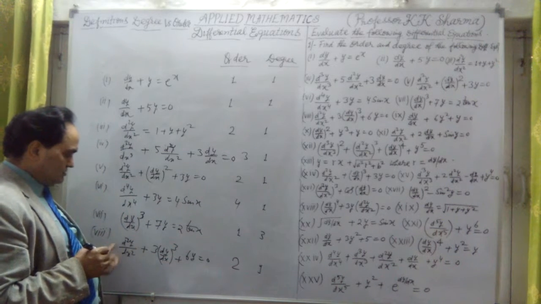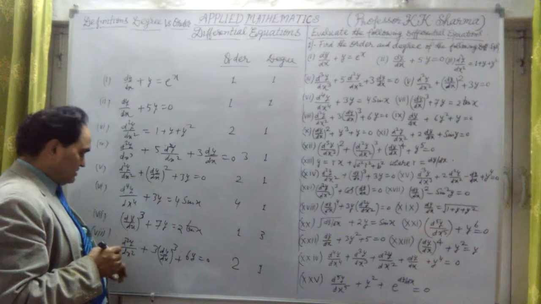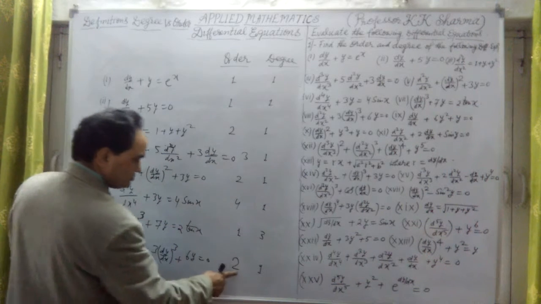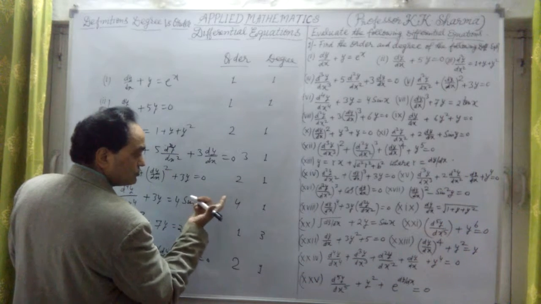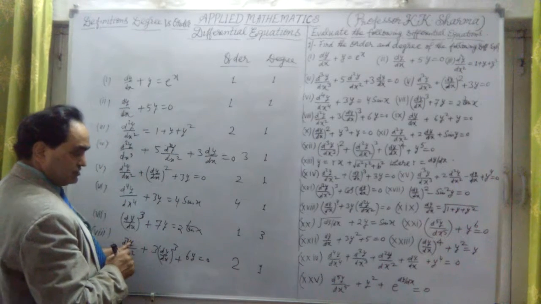Why? Because we have to think about the highest order derivative term. This is d square by dx square, so order is 2. And this highest order derivative has what power? This is only a single power, not repeated.